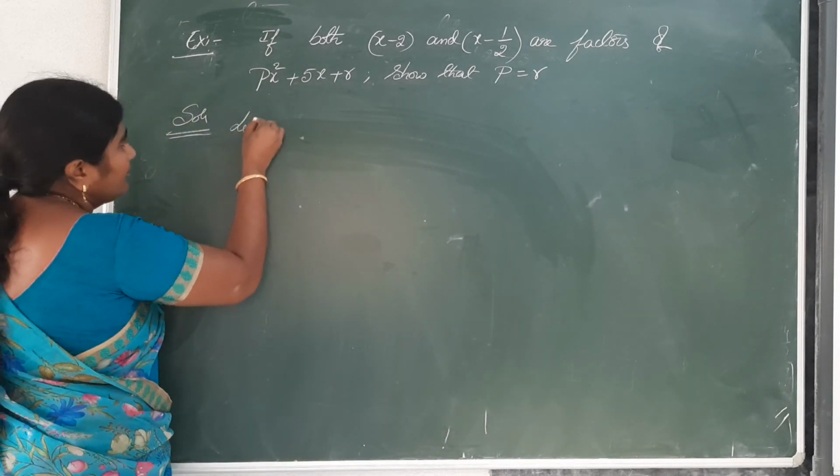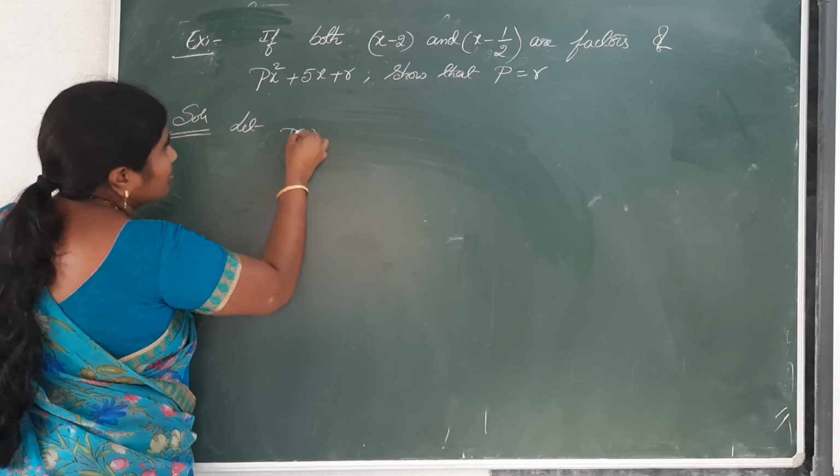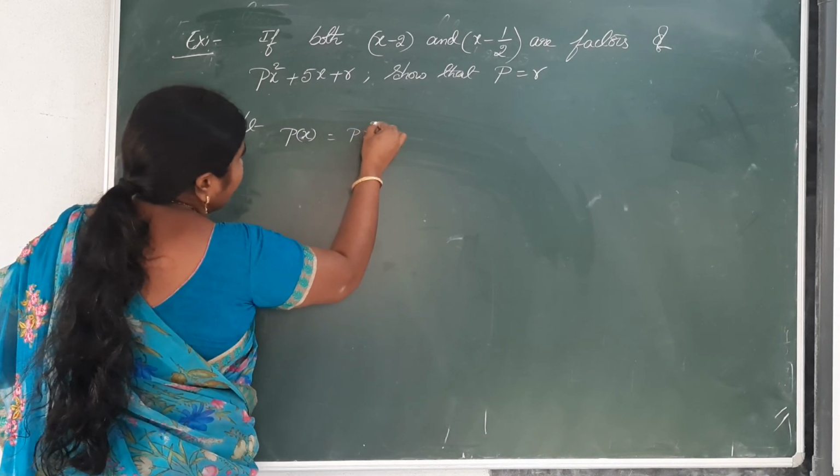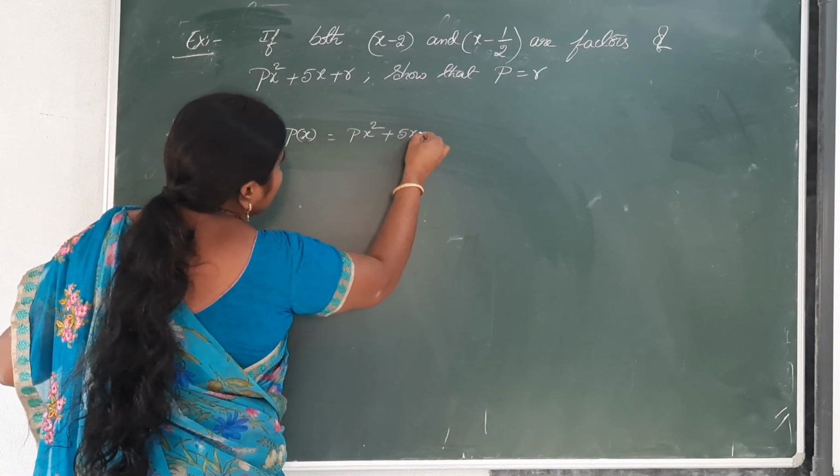Let P of x equal to px square plus 5x plus r.